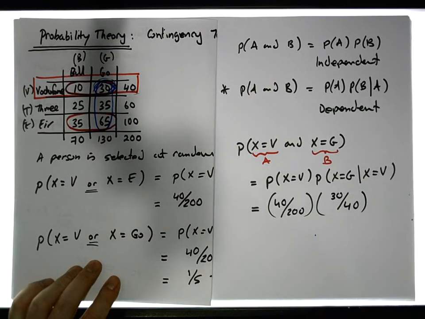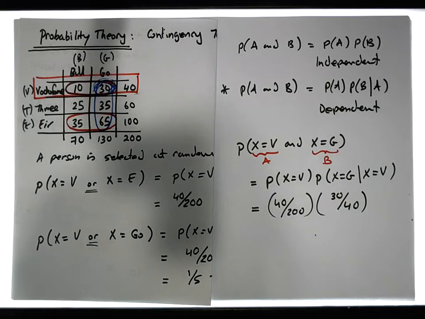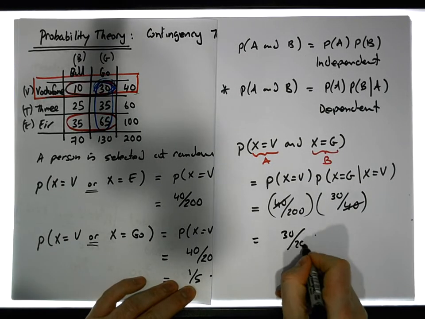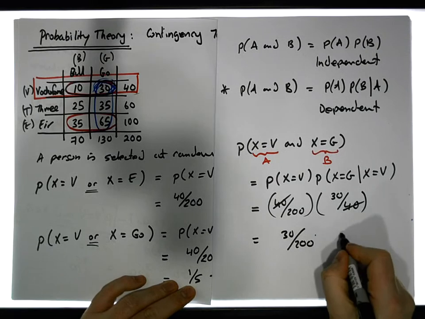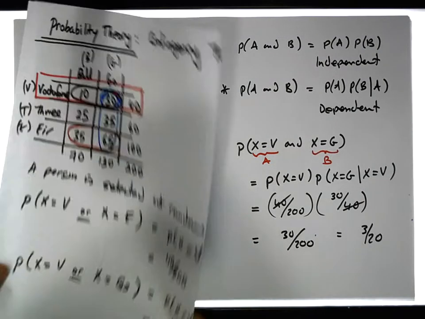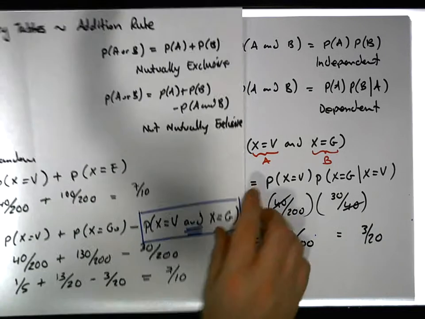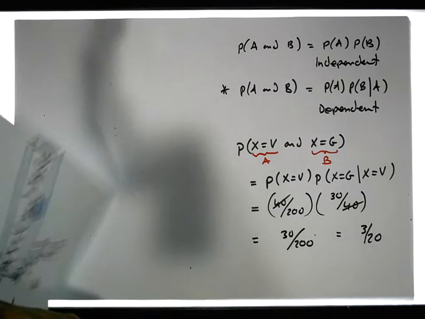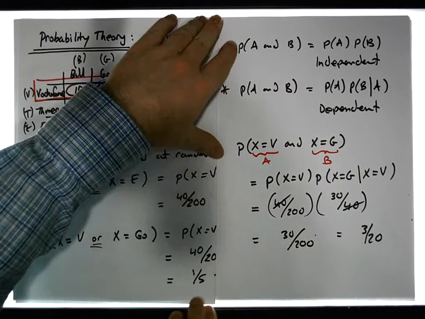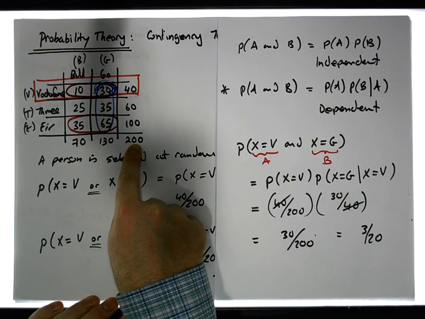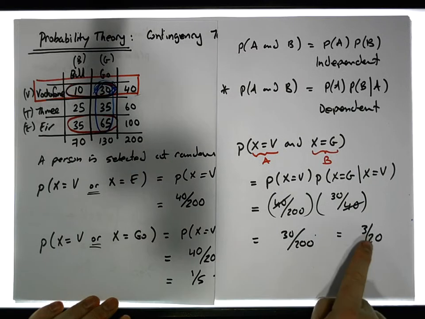You can see that the 40 here cancels with the 40 here, giving us 30 chances out of 200, which is the same as 3 chances out of 20. If we go back to what we had a moment ago, by looking up the table directly, Vodafone and Go, we had 30 chances out of 200, which is the same as 3 chances out of 20.